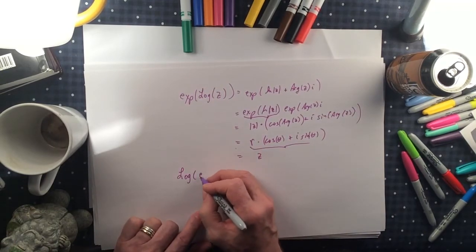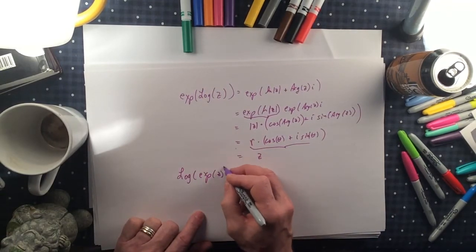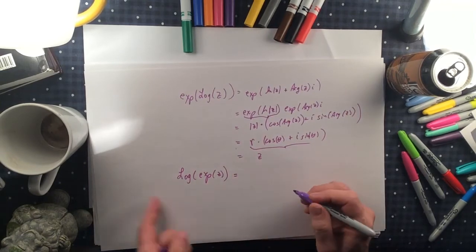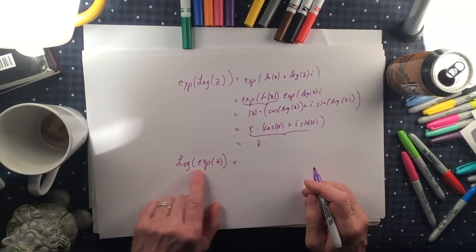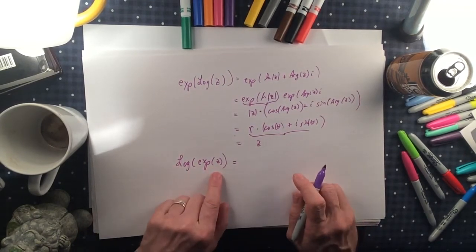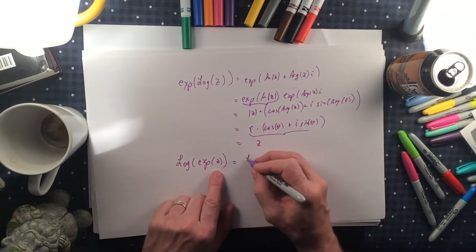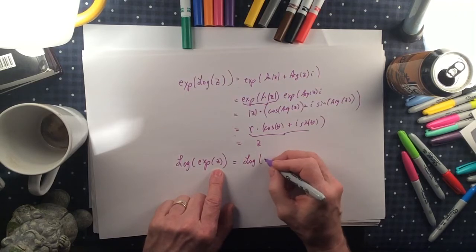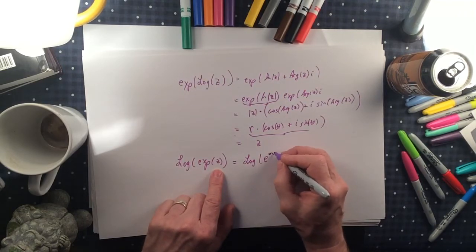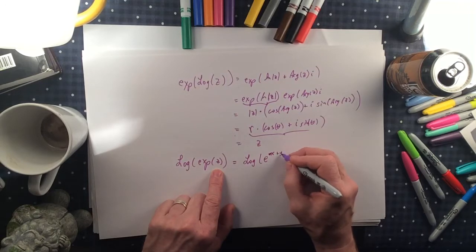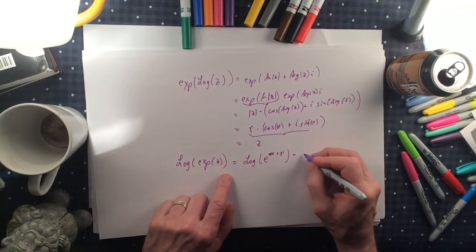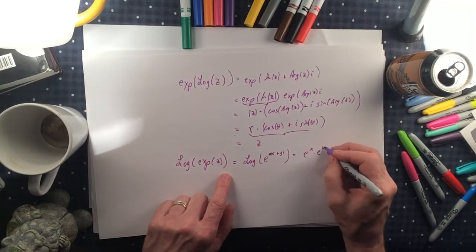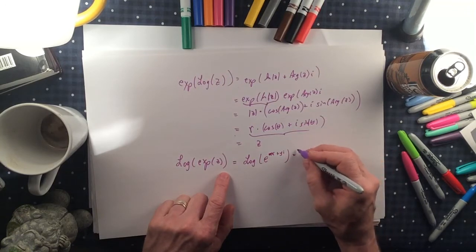Now let's do it the other way. The log of the exponential of z. Well, the log of the exponential of z needs to be applied to this guy. So let's write the exponential as e to the x plus yi, which will be e to the x times e to the yi.